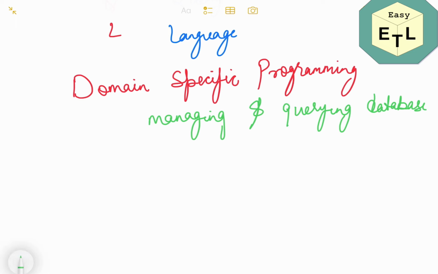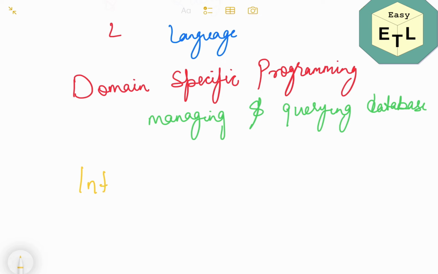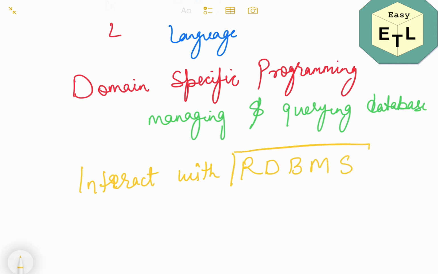So it provides a standardized way to interact with relational database management systems, that is RDBMS.